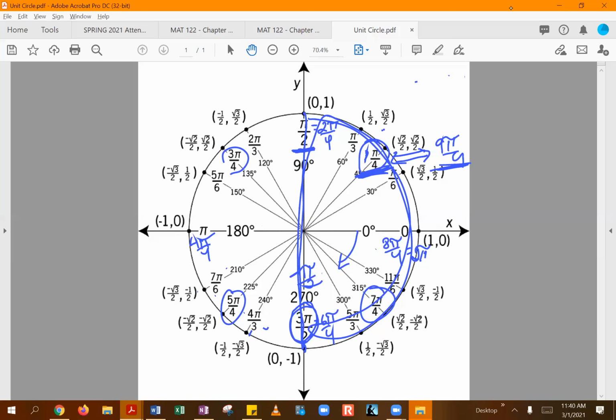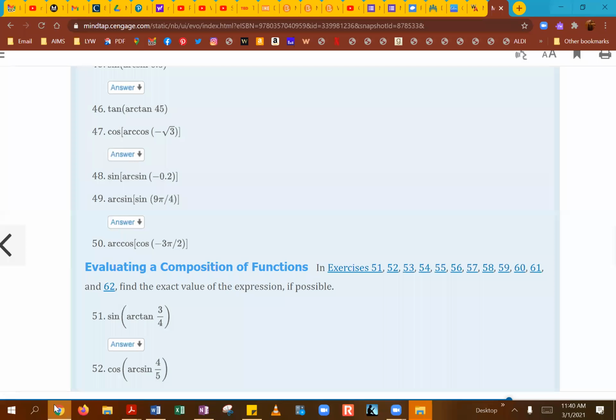So those are the kind of techniques you are using to help yourself out with these types of examples. So again, we were looking at number 49. In this case, since 9 pi over 4 falls in that range of negative to positive pi halves, you will actually have 9 pi over 4 as your answer for number 49.